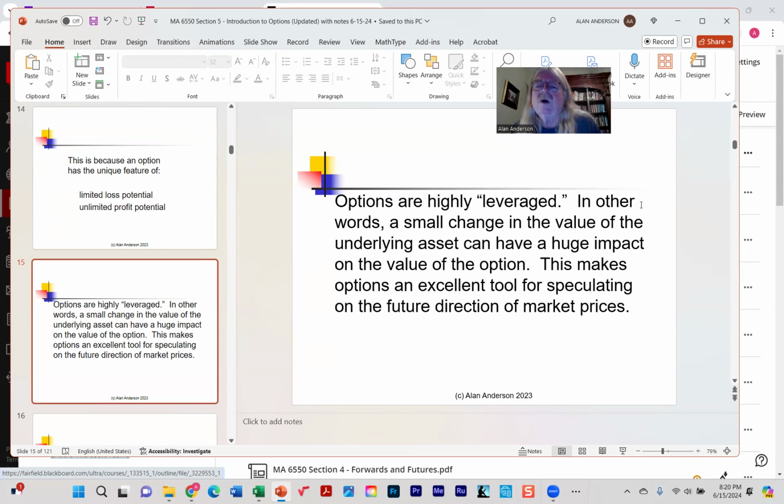And this is one of the reasons why these are so popular with speculators. They want to earn a lot of money in a hurry, and they might be able to do that if they're correct about what's happening in the market. So if I own gold, of course I'll profit if the price goes up, but a 10% change in the price of gold, if I have an option, might double or triple my money. So these are heavily leveraged.